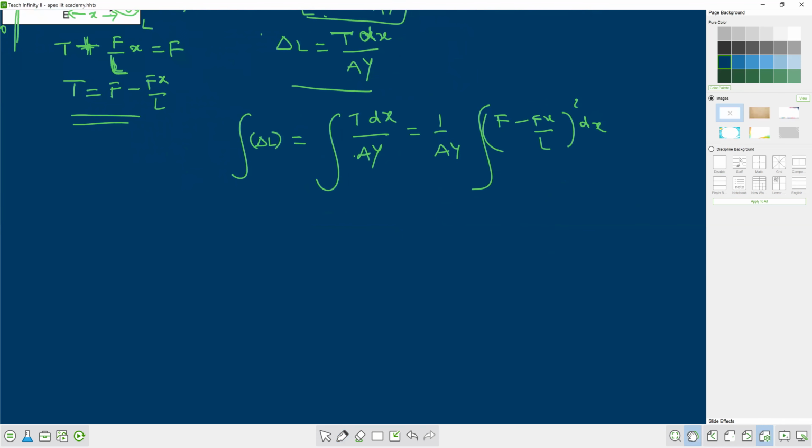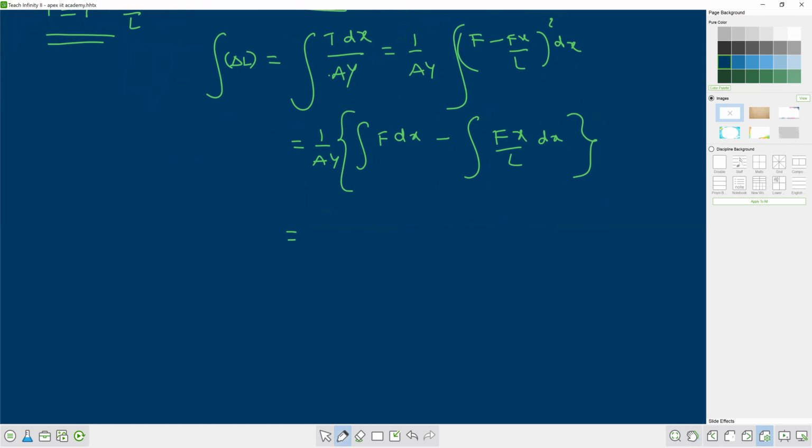Then this is equal to 1 by AY, integral F dx minus integral Fx by L into dx. For the first one, it is from 0 to L, and the second is also from 0 to L. Then it will be F into, what is the integration of dx? X only, from 0 to L.